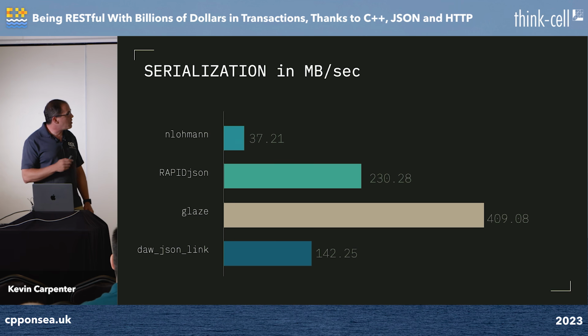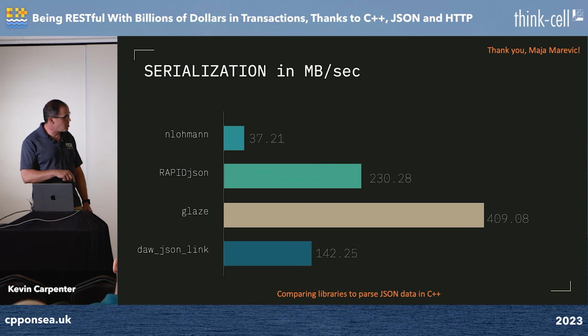And this slide, you'll notice, is quite different, not like the rest of the deck. The reason is Maya Marikovic gave a talk just yesterday where she was comparing JSON libraries. So if you want to see more about speed comparison of libraries, when we get the talks online, you'll want to watch her talk. But the reason I borrowed this slide from her after her talk was because the speed hasn't changed between nlohmann and Rapid.